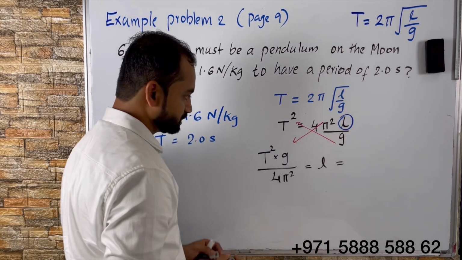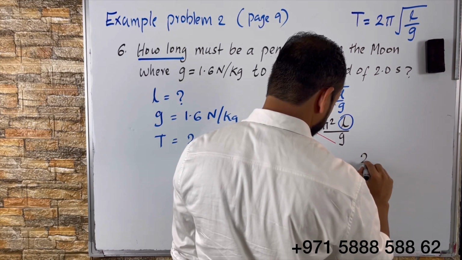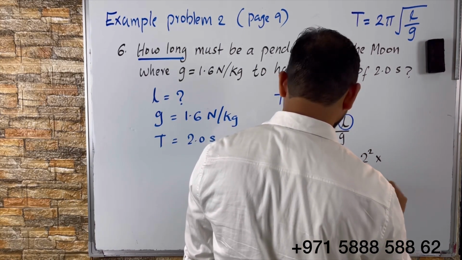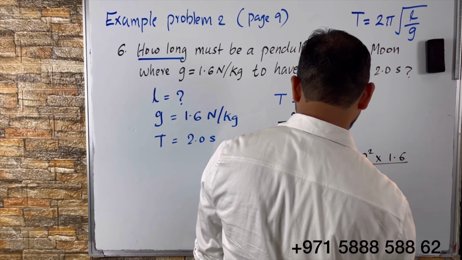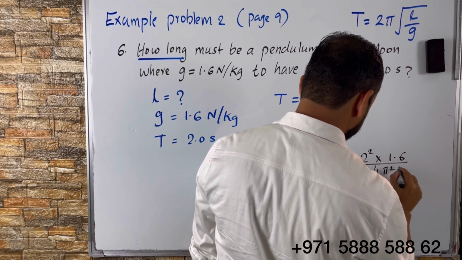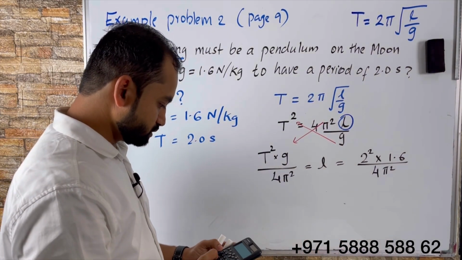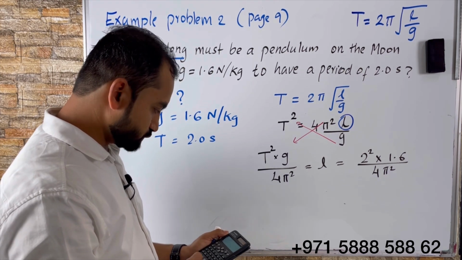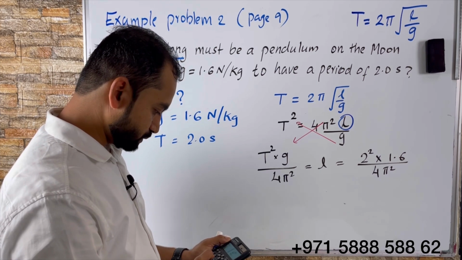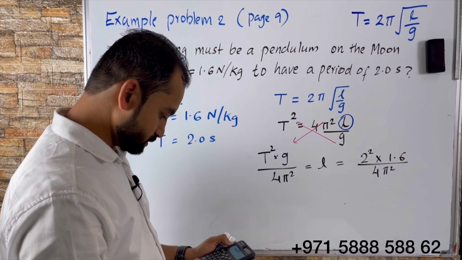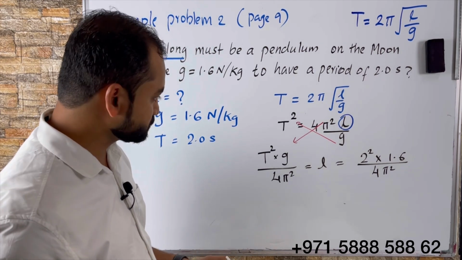So how much is L? L is equal to t squared. What is the value of t? 2, right? So 2 squared multiplied by G, the value of G on the moon is 1.6, divided by 4 pi squared. Two squared is 4 multiplied by 1.6 over 4 multiplied by pi squared equals 0.16.